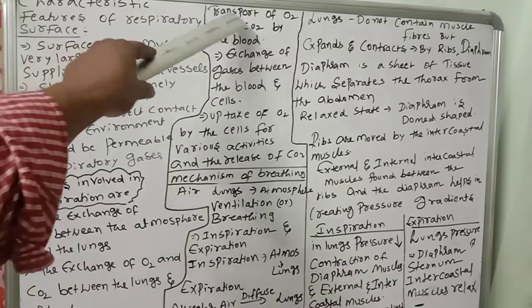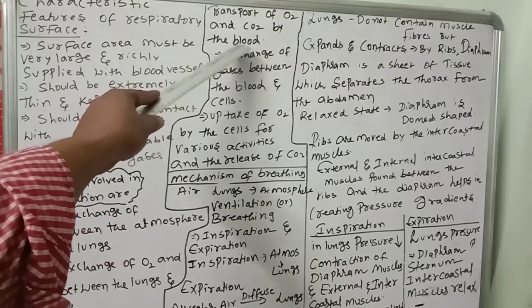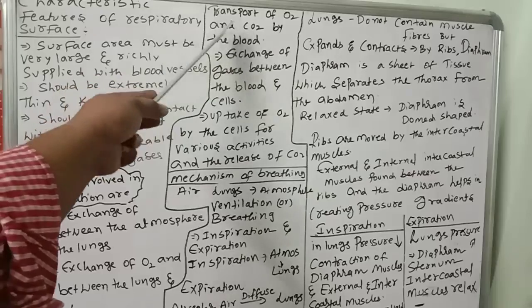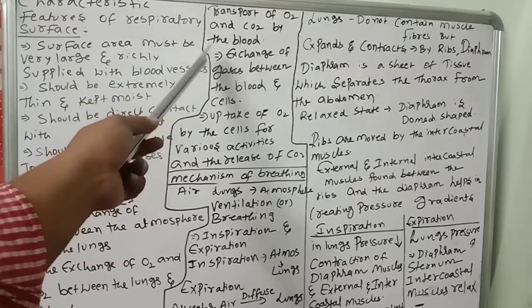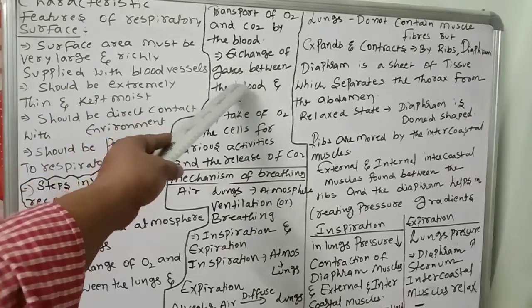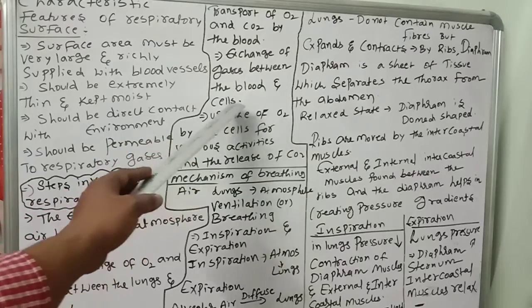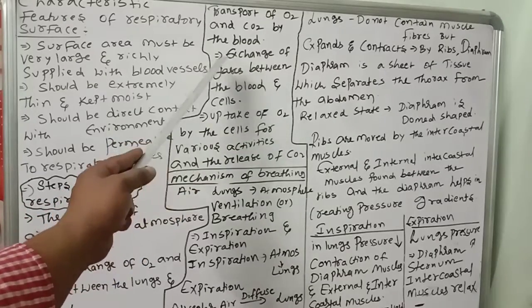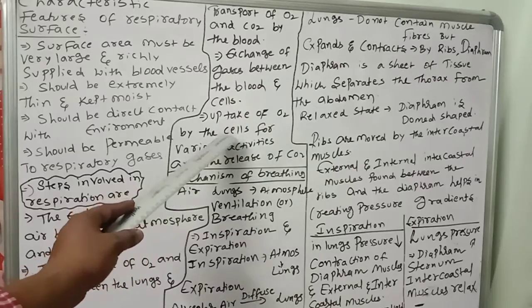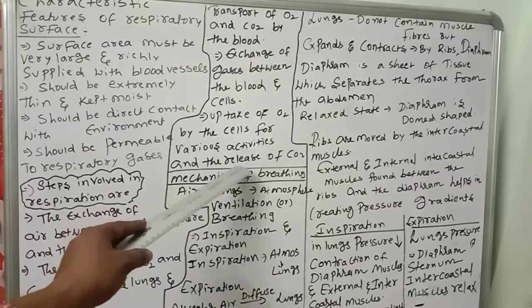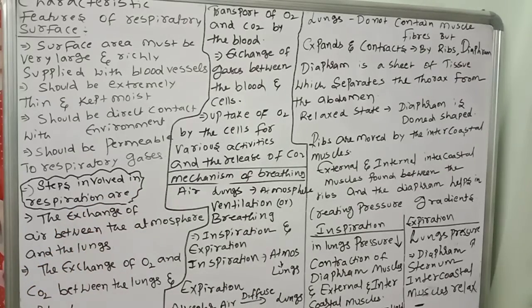Next, transport of oxygen and carbon dioxide by the blood. Then exchange of gases between the blood and cells: oxygen will go inside, carbon dioxide will come out. Then the cells take up oxygen for various activities and release carbon dioxide. So these are the steps in respiration.